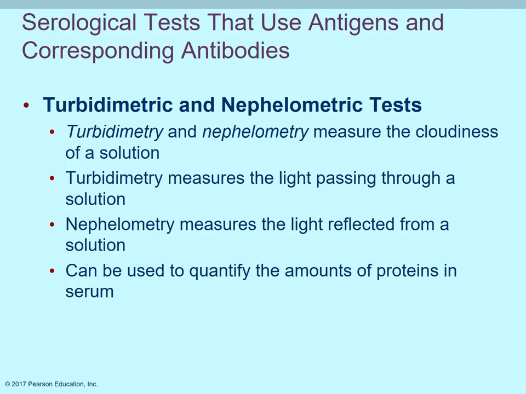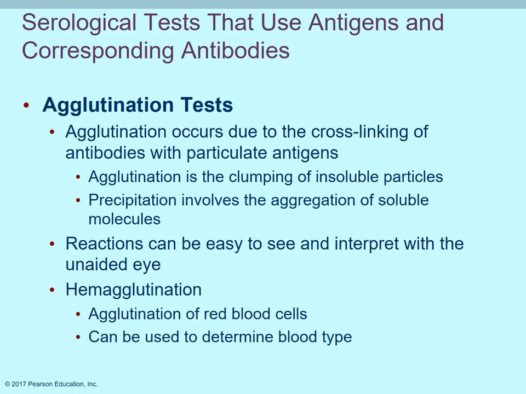Additional tests are things such as turbidimetric, where you're measuring the amount of light that passes through a solution, or the nephelometric test, which is going to measure the light reflected. You can quantify the amount of protein in the serum at that point.